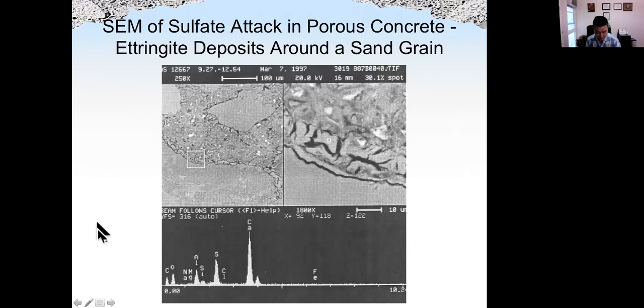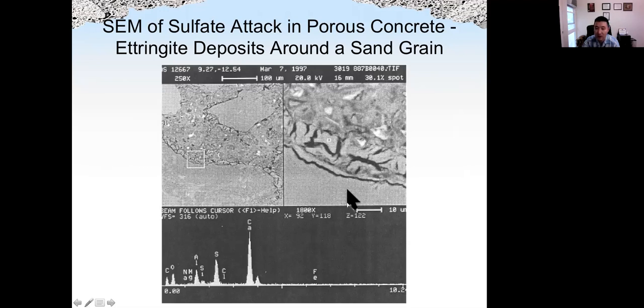Right, then let's look at some pictures for sulfate attack. This is the scanning electron microscope. Sulfate attack in porous concrete. Ettringite deposit around sand grain. Okay, so here the scale is 100 micrometer. This is the sand particles. This is the cement paste. Okay, if we zoom in this square, we see here the picture on the right.